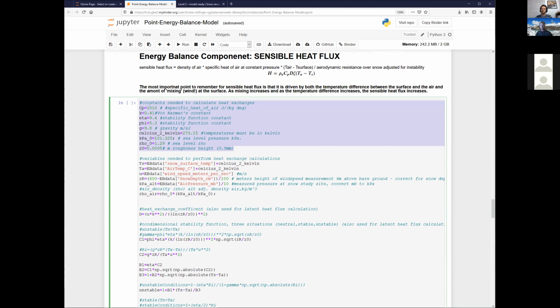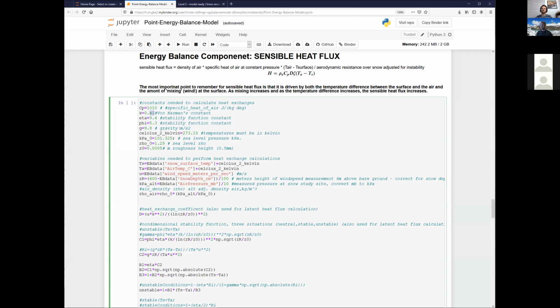This is the specific heat of the air. This is a constant that's needed for the sensible heat equation. All of these go into basically what I was talking about with this understanding of how stable and how rough the surface is for causing the mixing.